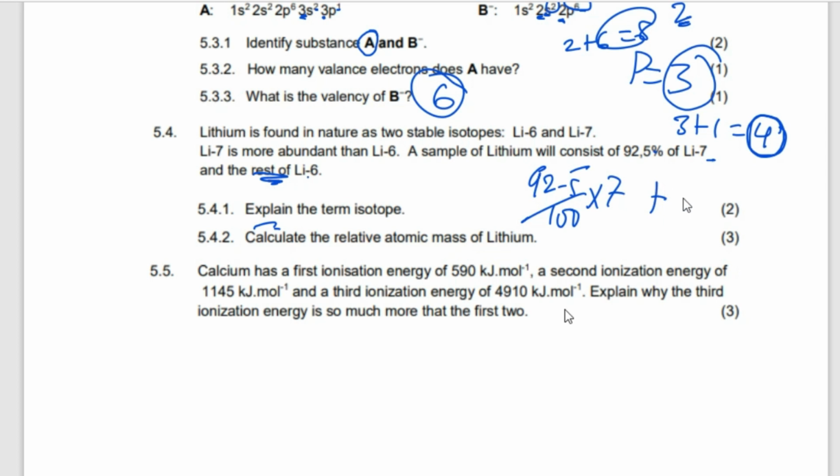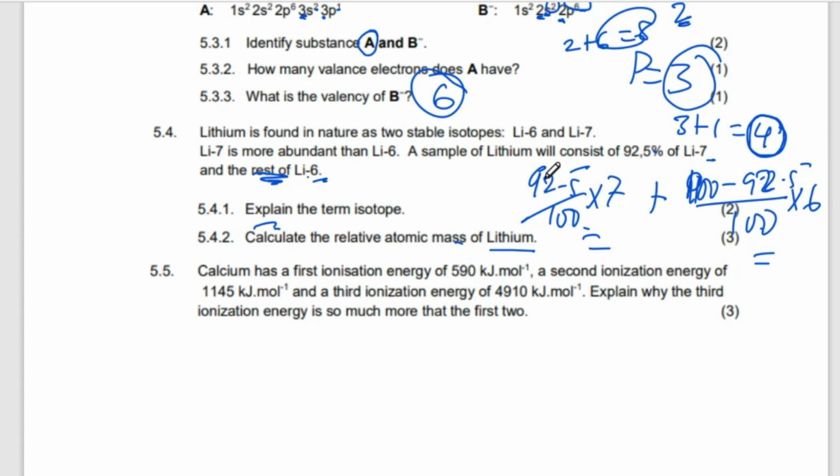You have to subtract using a calculator: 100 minus 92.5, divided by 100 times 6, because they said it's 6. When you add the two answers, you get the relative atomic mass of lithium.